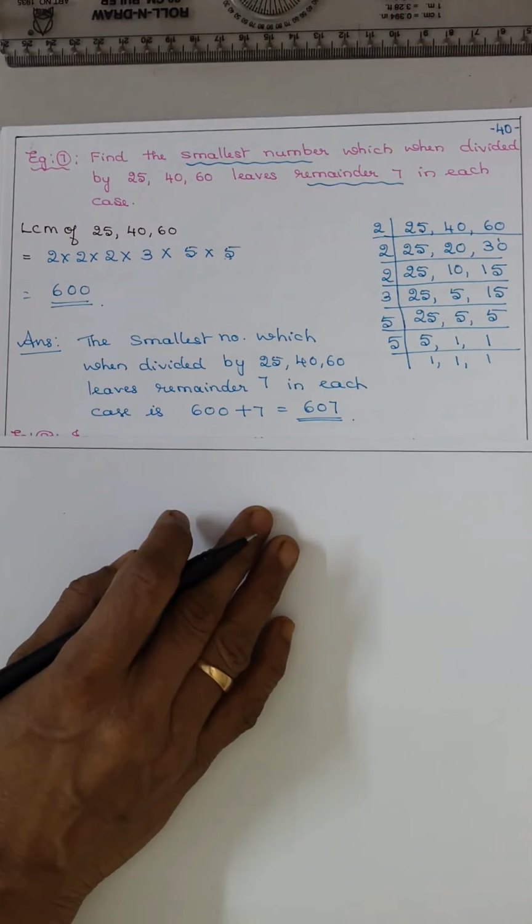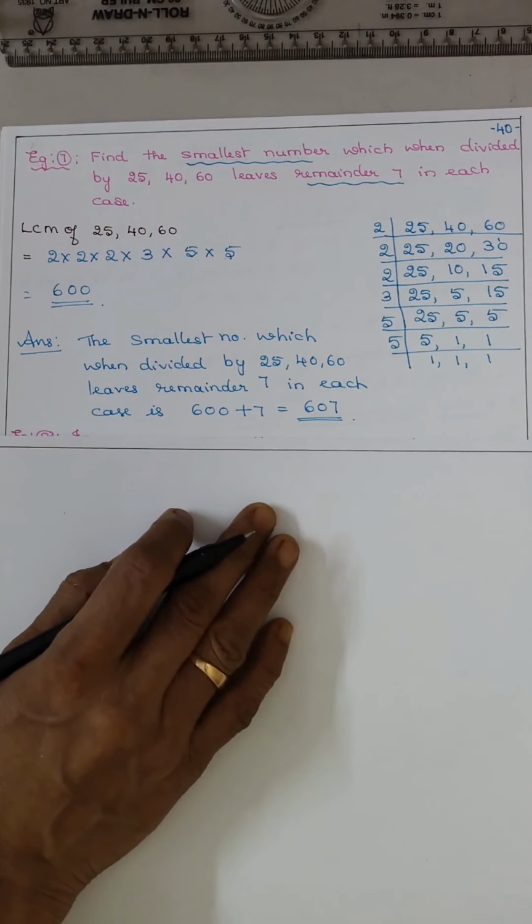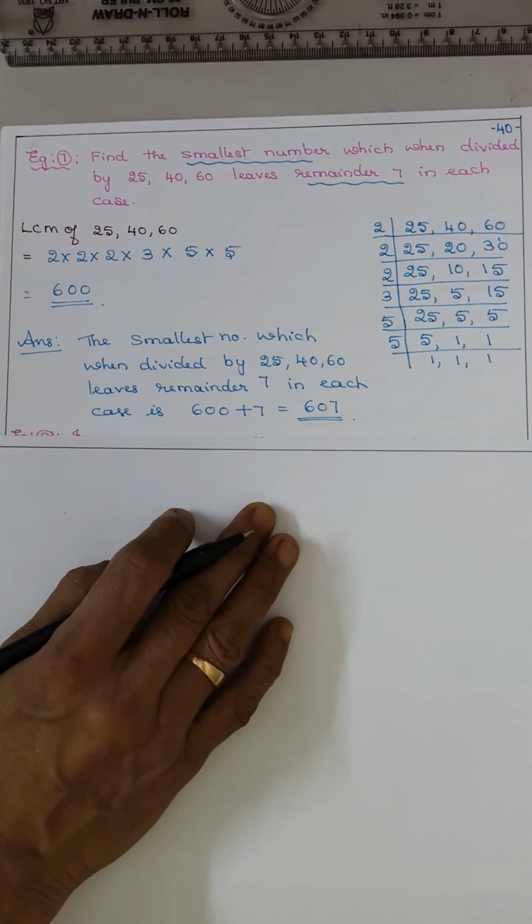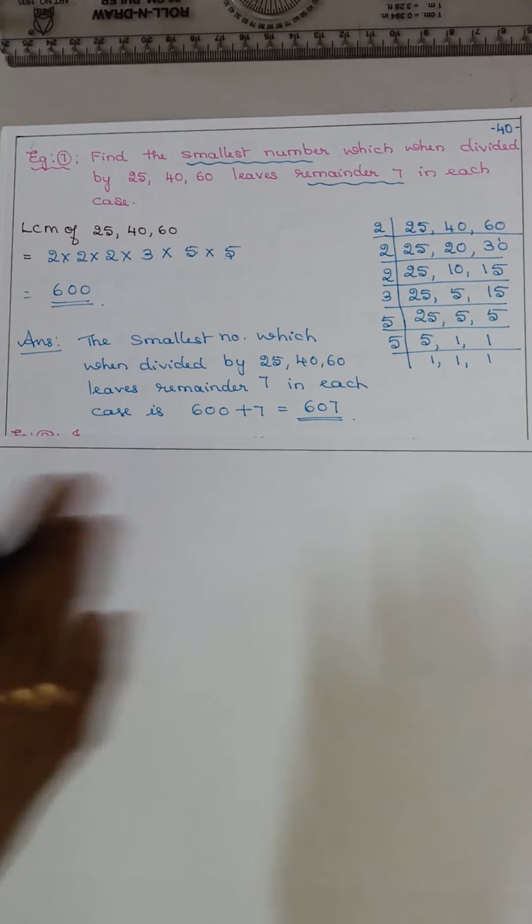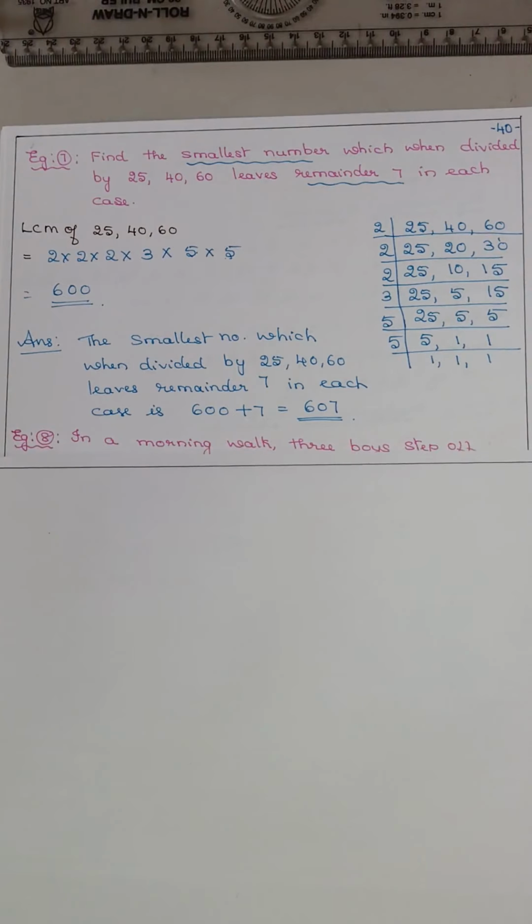Is it clear? So what we have to do? First find out the LCM and add the remainder. So you will get the answer.